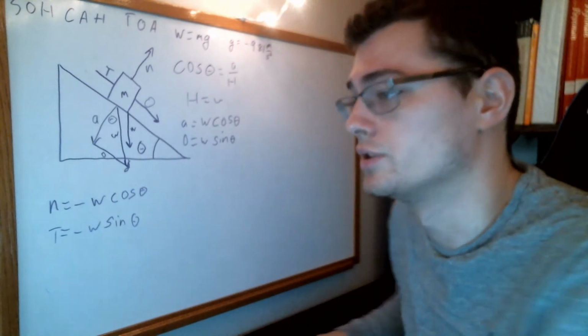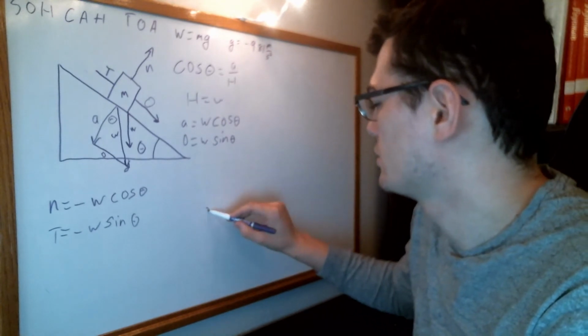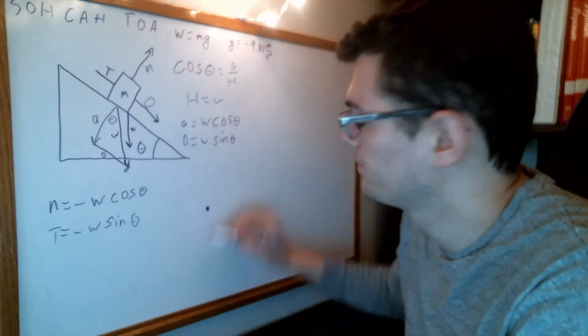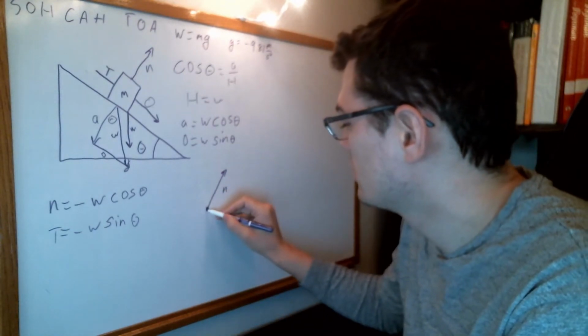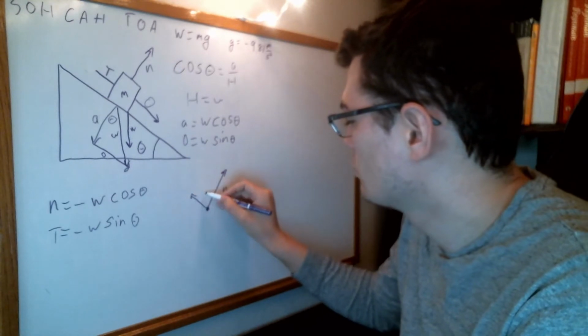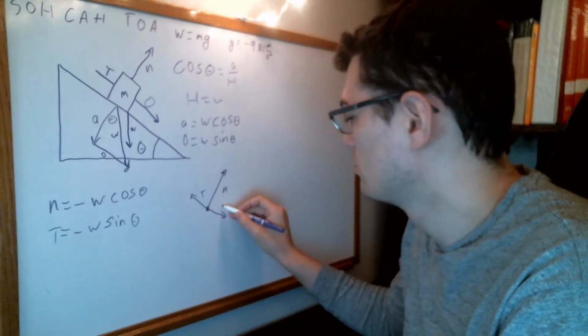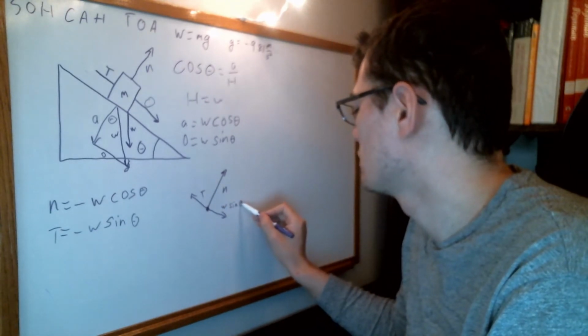So now what we can do is draw our free body diagram. So we have our mass here, and we're treating it like a point mass. And then in this direction we have N. In this direction we have T. In this direction we have W sine theta.